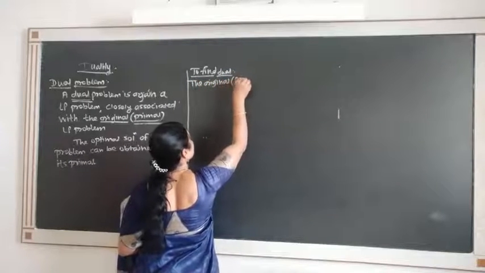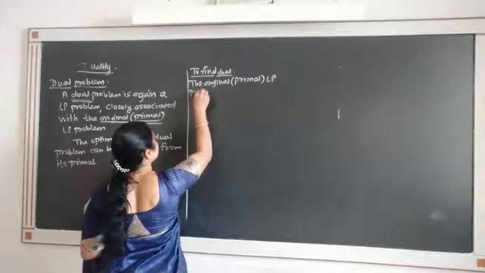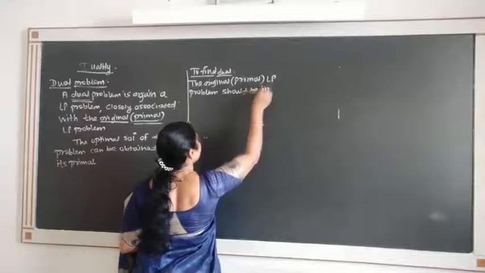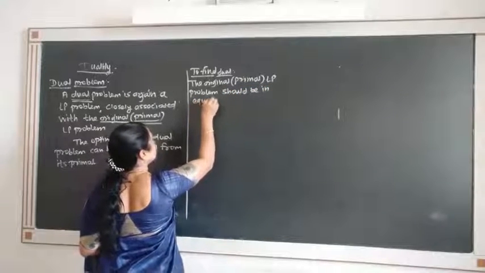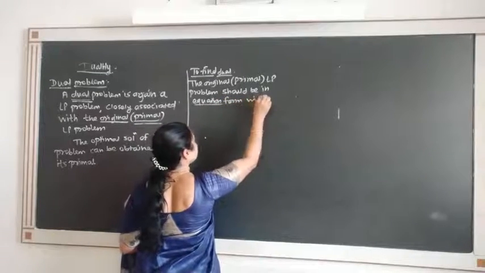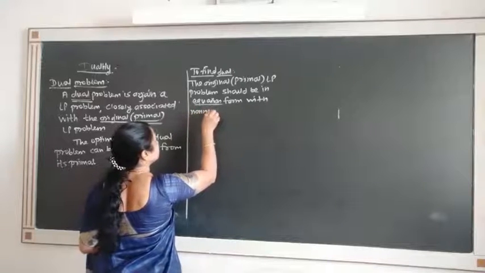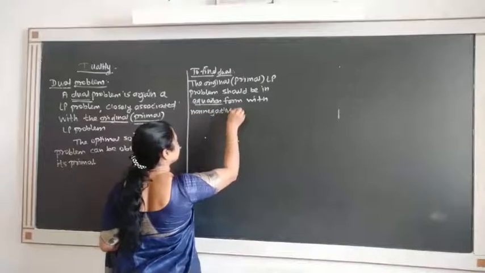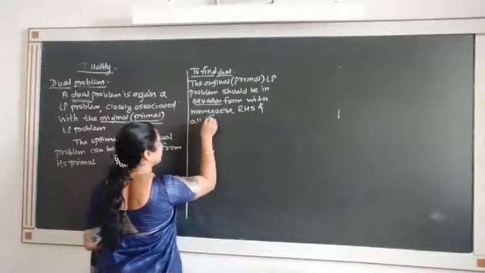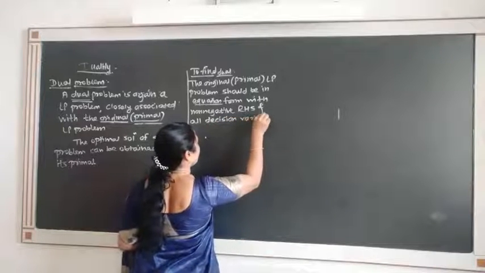The original, meaning the primal LP problem, should be in equation form with non-negative RHS and all decision variables non-negative.